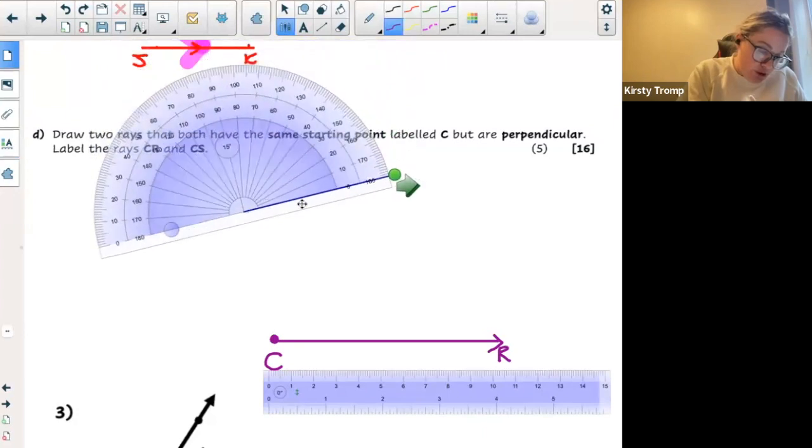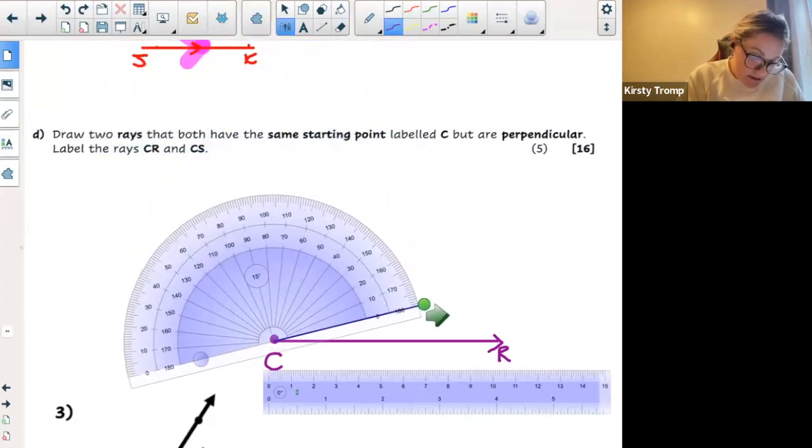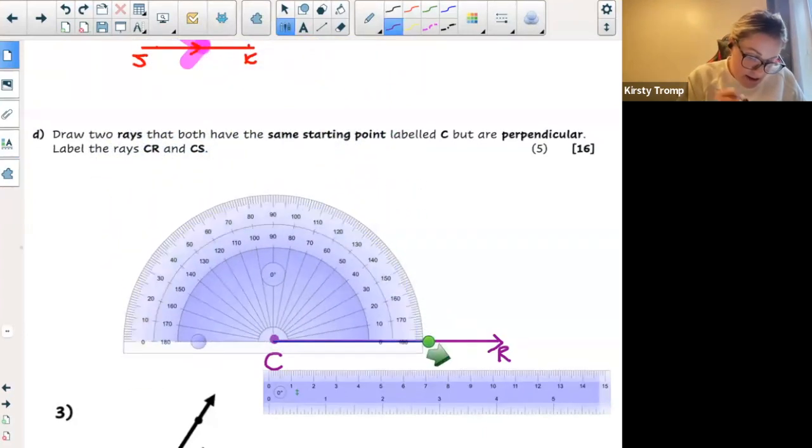Right, I'm bringing my protractor down. I'm lying it flat on my line, everybody, so the baseline is flat. The origin of my protractor is on point C. I hope you guys can see that on my screen, and if you're following with me, that you've got your protractor lying flat on your line CR like it is on my screen.